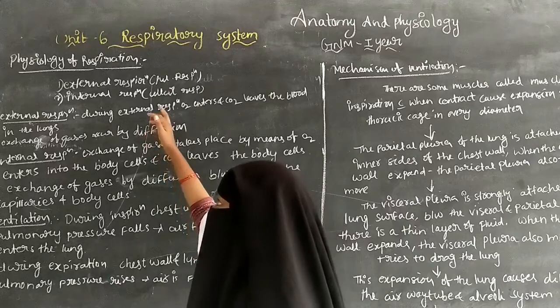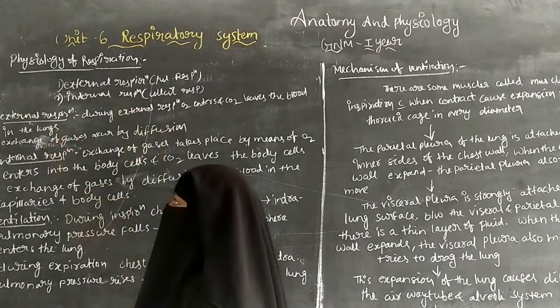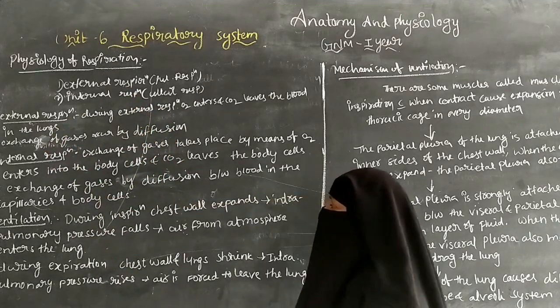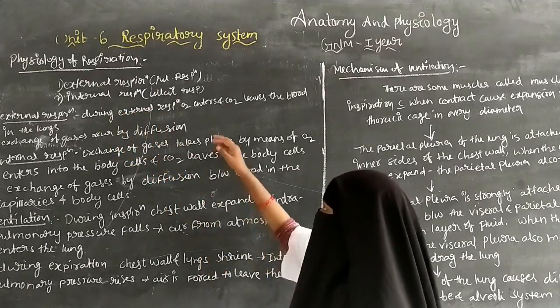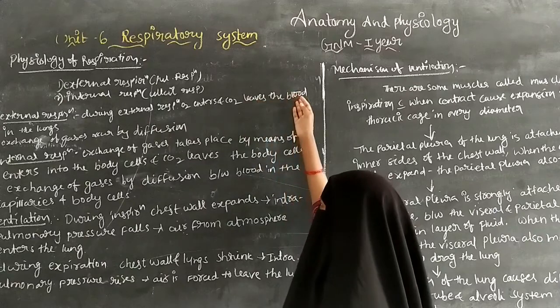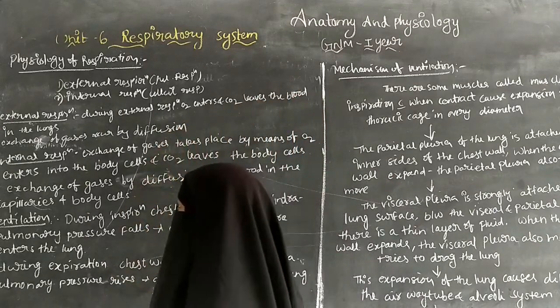First we will discuss external respiration. During external respiration, oxygen enters and carbon dioxide leaves the blood in the lungs.